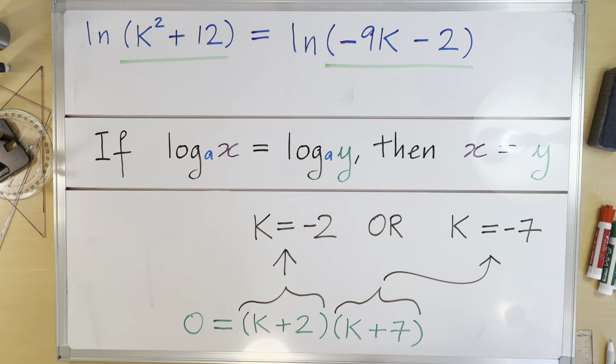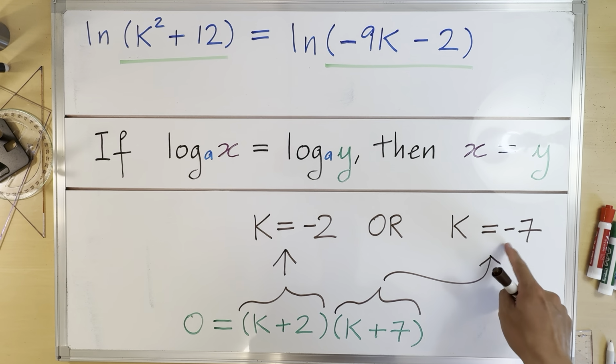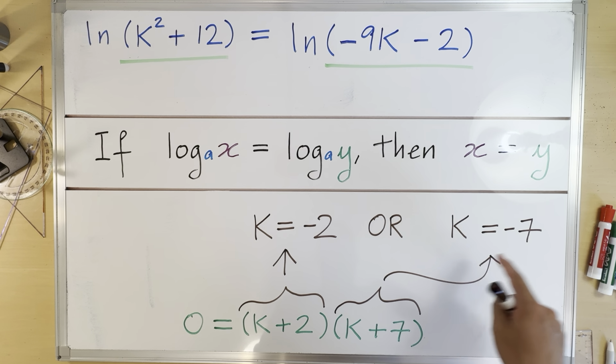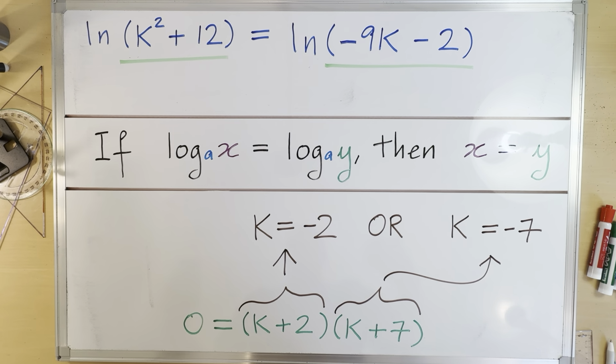So now that we have established that k must be either equal to negative 2 or negative 7, let us plug the two numbers into the equation one at a time to see whether it works or not.